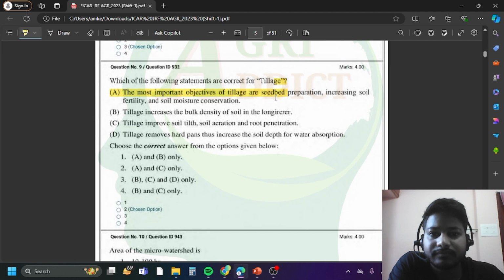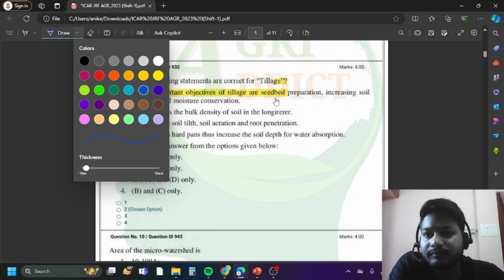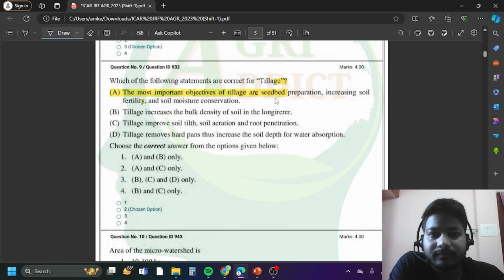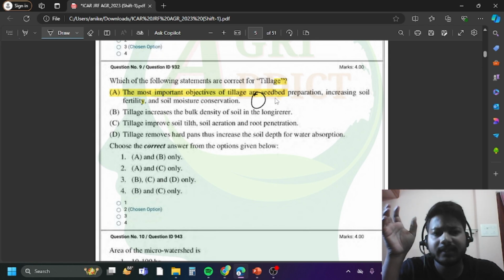Increasing soil fertility and soil moisture conservation. You tell me, if we go for tillage, is it related to increasing soil fertility? Wrong. Soil moisture conservation is correct. So in this statement, only seedbed preparation and soil moisture conservation are correct. Soil fertility increase is nowhere related.